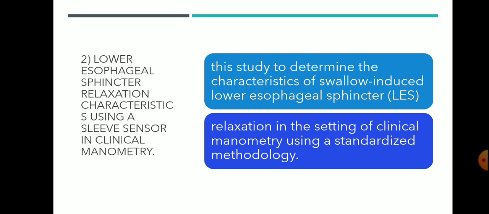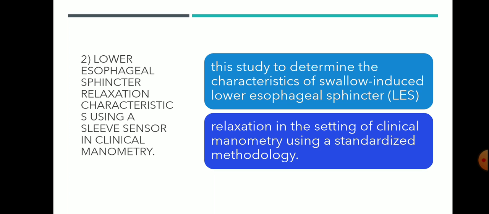The second application of manometry: lower esophageal sphincter relaxation characteristics using the sleeve sensor in clinical manometry. We undertook this study to determine the characteristics. We shall include lower esophageal sphincter relaxation in the setting of clinical manometry using a standardized methodology.